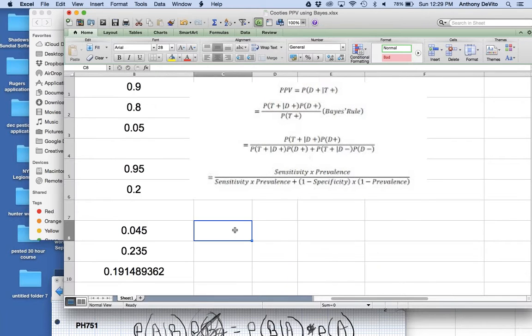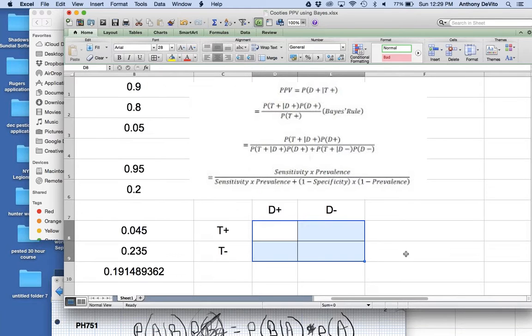I'm going to lay out a fake population where we might have run this test. This is going to be my disease plus, disease minus, test plus, test minus. I'm going to highlight these so we can see the boxes in the middle. Let's get this a little bit neater.